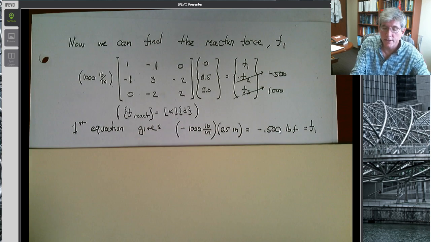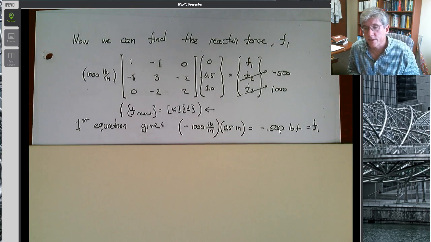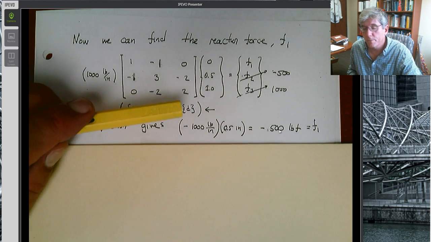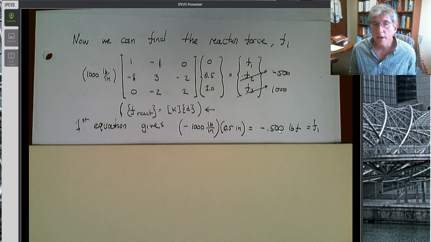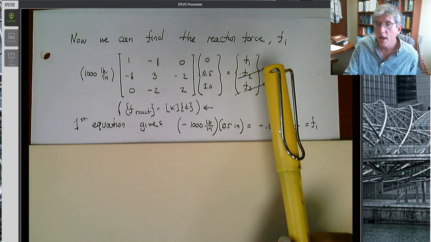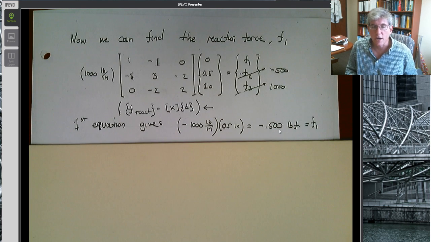A more general way is you can always find the external reaction forces by taking the original full stiffness matrix and multiplying it by the solution. Where you had a displacement constraint, you will get the reaction force. At the other nodes, you should get the external forces, and that's an equilibrium check.